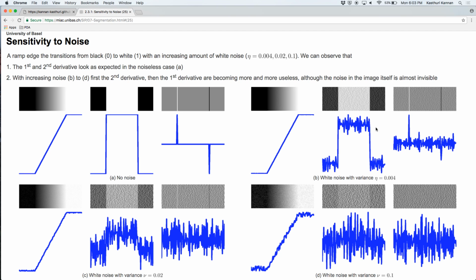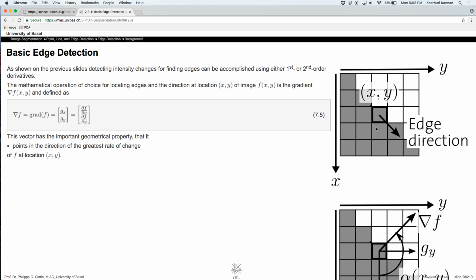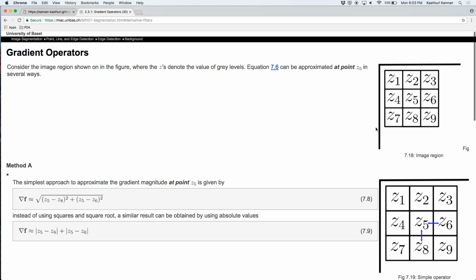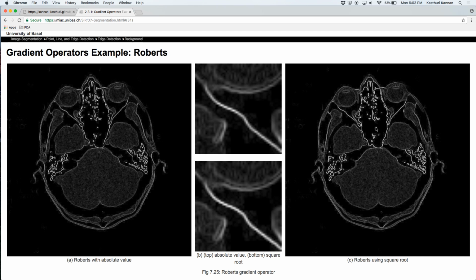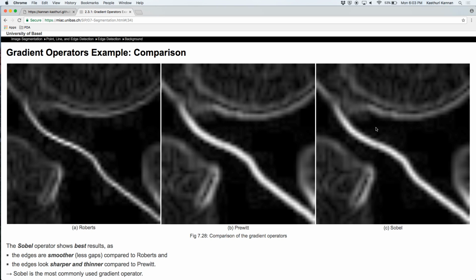Sensitivity to noise can be analyzed, and there are three main methods of edge detection. One is basic edge detection, and the second, let me skip all this: Roberts, Prewitt, and Sobel. These are the three classic edge detection methods for determining the edge in an image. Ultimately it comes down to the analysis of the first and second order derivatives in your image.